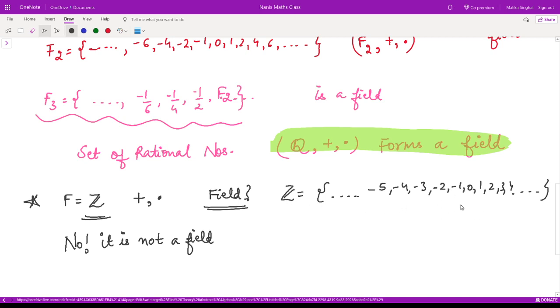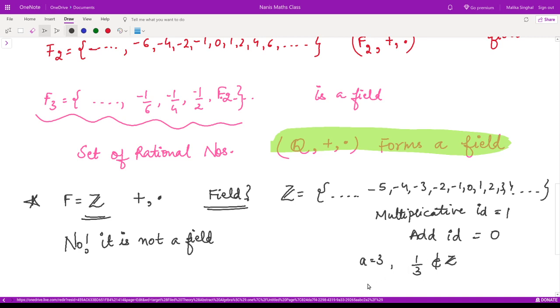So this set has the multiplicative identity. What is that? That is 1. It has additive identity. What is that? It is 0. It has multiplicative inverses. Sorry, it doesn't have multiplicative inverses, because if you take an element as 3, the inverse should be 1 upon 3, which does not belong to the set of integers.